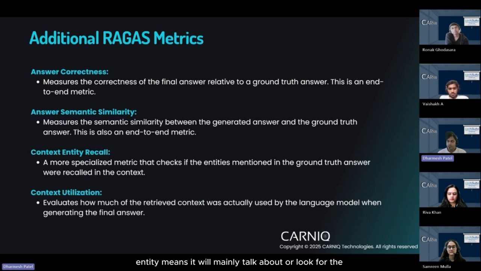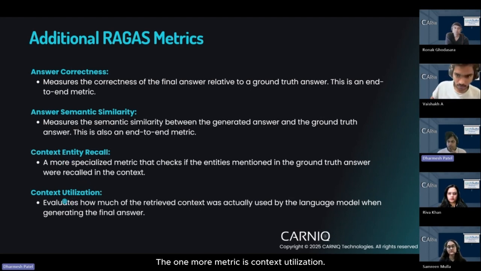But here, entity means it will mainly look for pronouns, dates, times, those pieces of information, it will extract, and then it will try to compare whether those things are matching or not in your answer. And that is the difference between context recall and context entity recall.